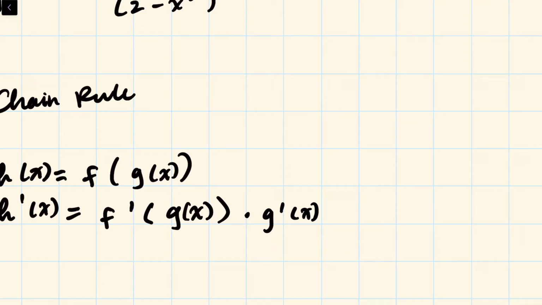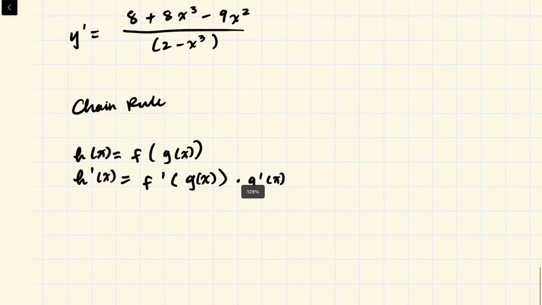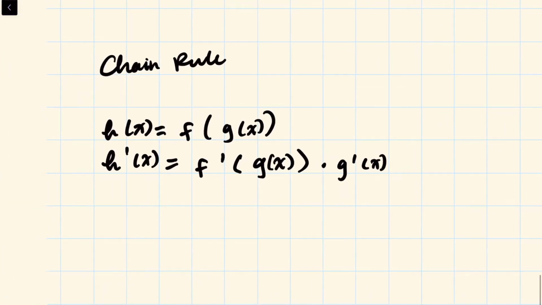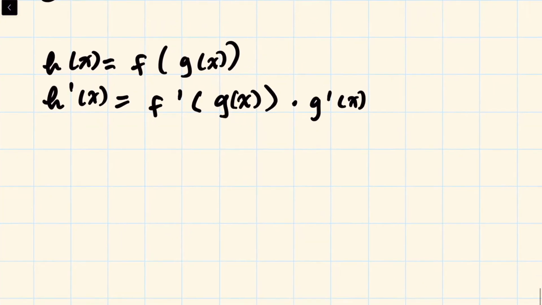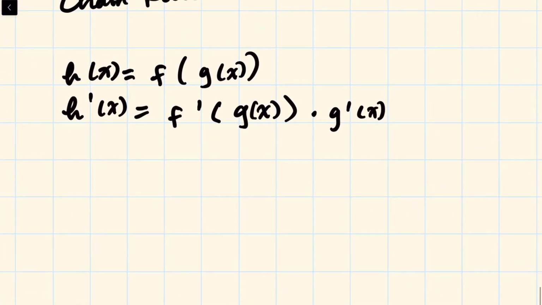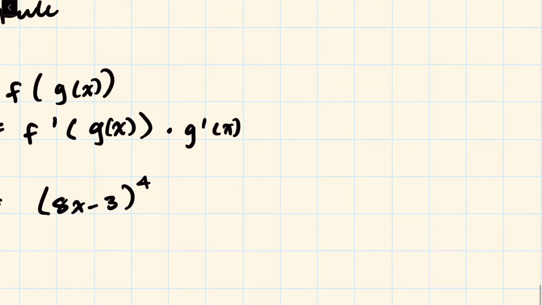Let me get into an example here. So I guess we'll go back to using the product rule right now. Let's say we have a function f of x, and it's (8x minus 3) to the fourth, multiplied by (3x squared plus 5) to the 7th power.